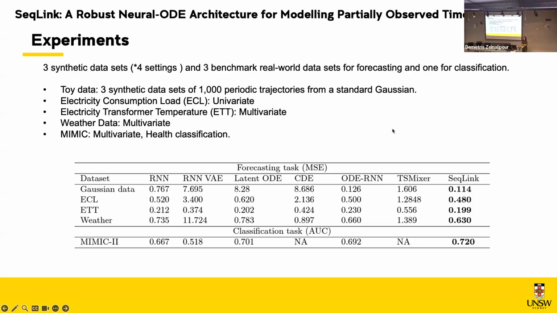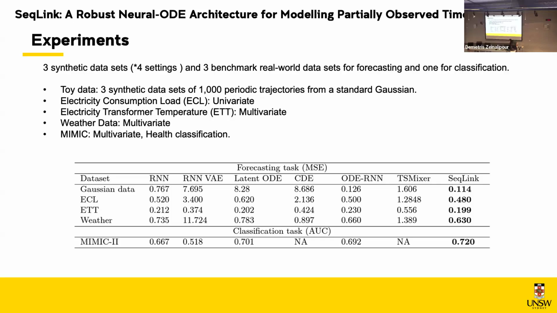And can we do this on different tasks, for time series classification as well as for forecasting? Can we do it for different datasets? You can see the datasets are quite different. One is electricity, one is transformer, weather data. We even have MIMIC. MIMIC is health time series from hospital ICU.